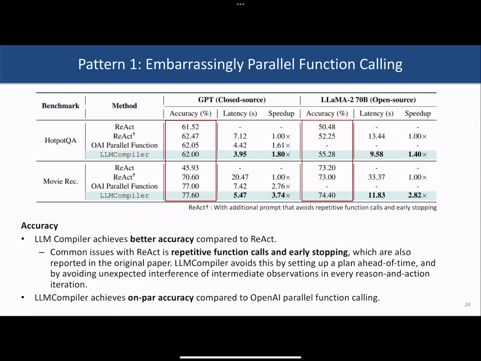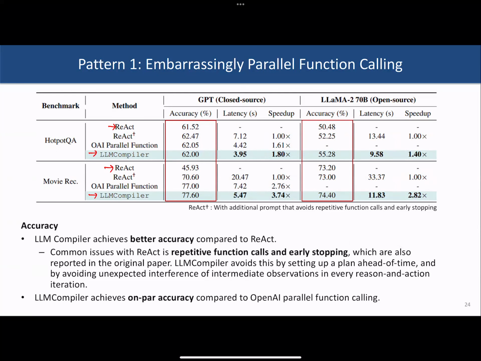Also, when you look at the accuracy, comparing plain React to our method, we are seeing a consistent improvement in accuracy. We hypothesized that this was because of the failure cases that we mentioned, like repetitive function calls and early stopping.